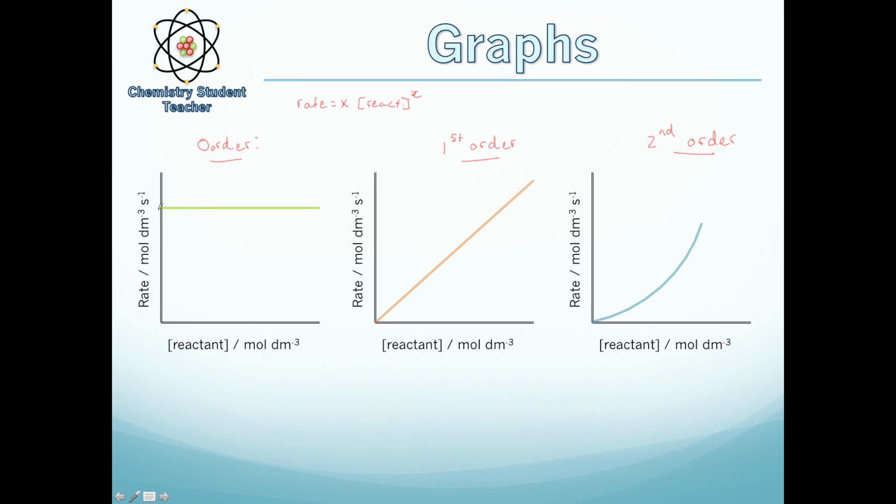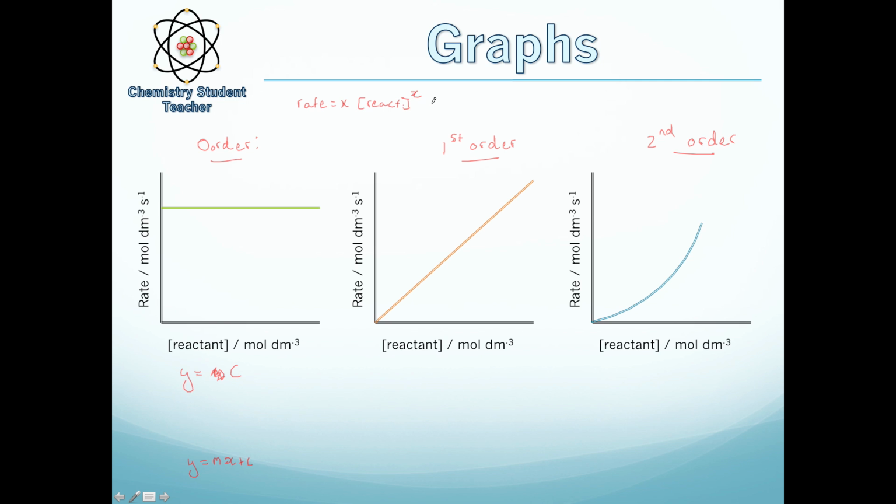So if we've got something that's changing on the x-axis but staying the same on the y, well that would be a y equals c. If you remember the general equation for straight lines is y equals mx plus c. Well, in this case y equals c, as it's just a constant value.